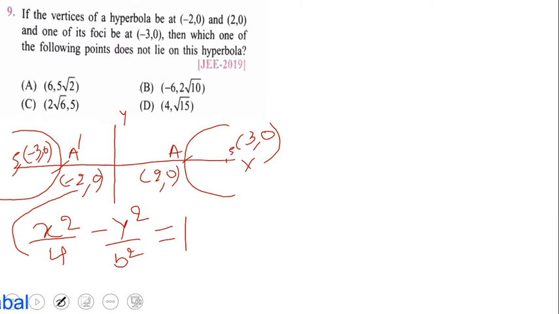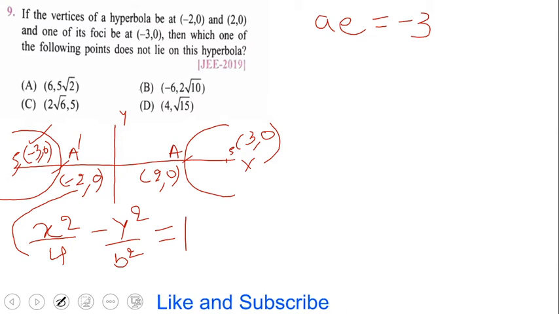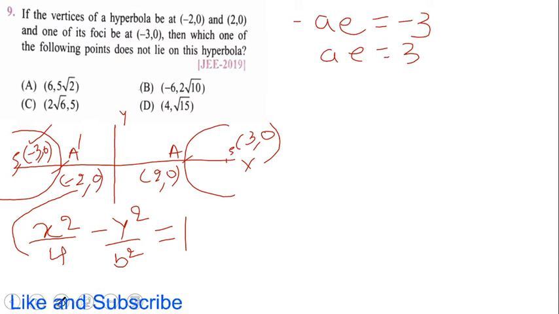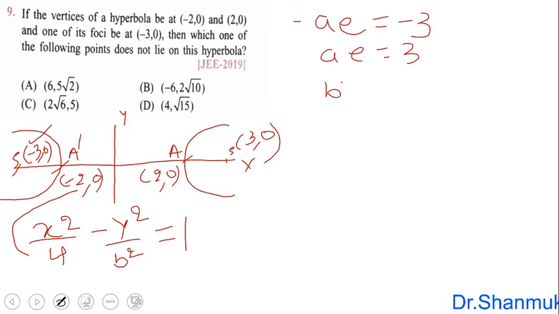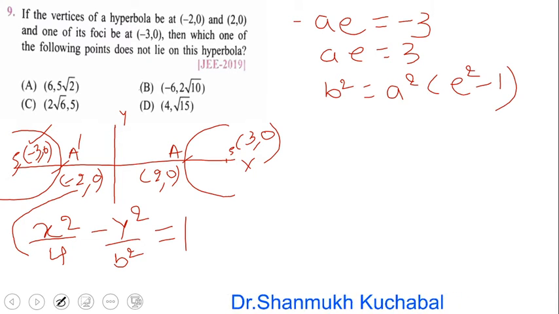Then the focus is ae, here in this example minus 3 they have given, so the minus signs cancel, so like this ae equal to 3 I am going to get. Then I use the relation between a, b and e, that is b square equal to a square into e square minus 1 in case of a hyperbola.